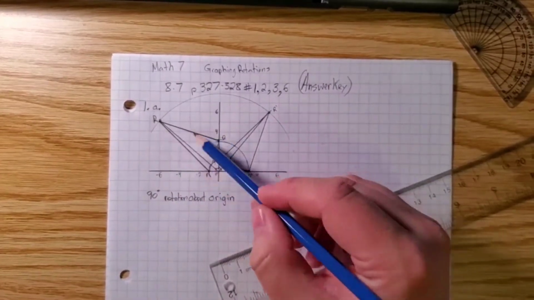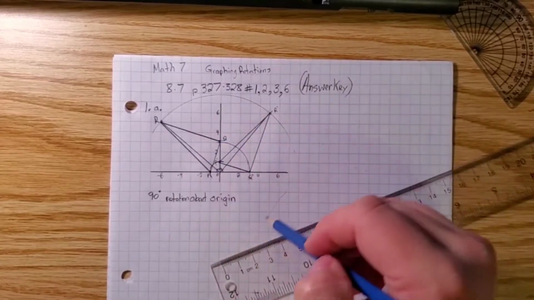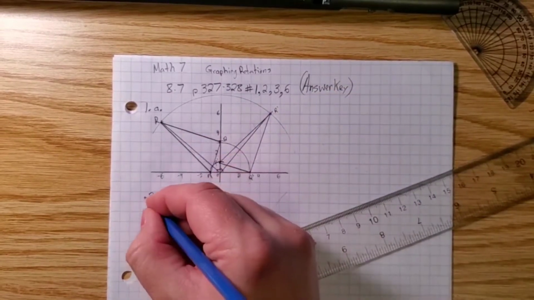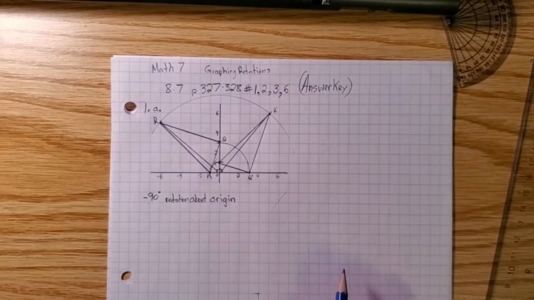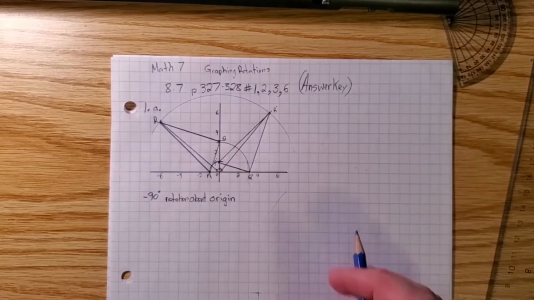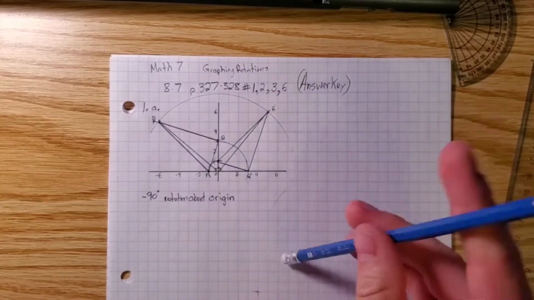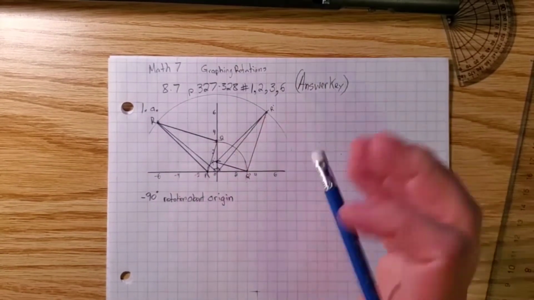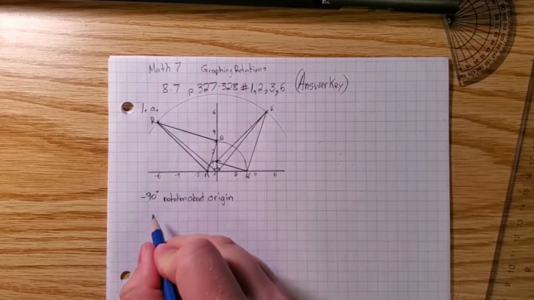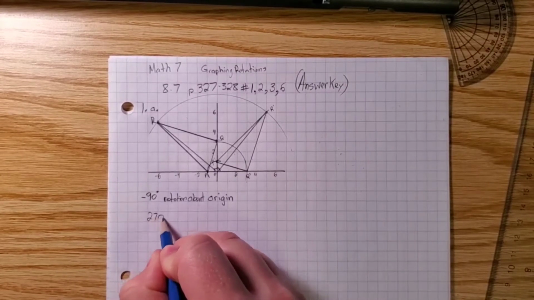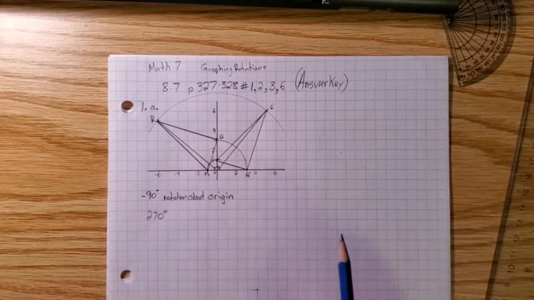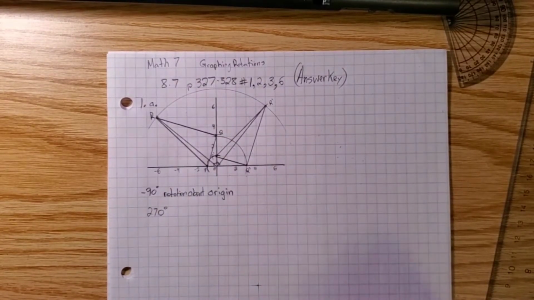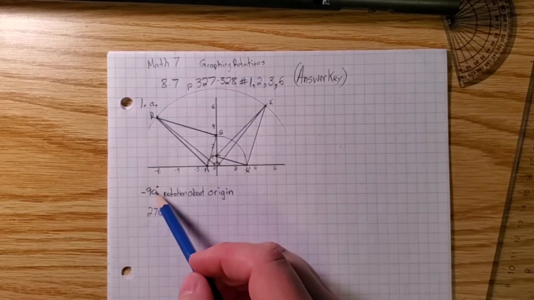It's going from this shape to that shape, so it would be a clockwise rotation, which means it's a negative 90-degree rotation about the origin. We'll find out in a later question that there are a couple of other answers it could be, but this is the most simple. If you said 270 degrees about the origin, that would also technically be correct here. But we usually go with whatever the least number is.